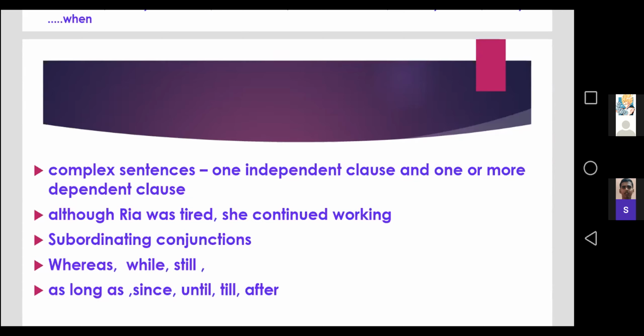We have various subordinating conjunctions like whereas, while, still, as long as, since, until, after. The example mentioned here is: although Ria was tired, she continued working. What is the conjunction used over here? The conjunction used is 'although'. Is this clear to everyone?